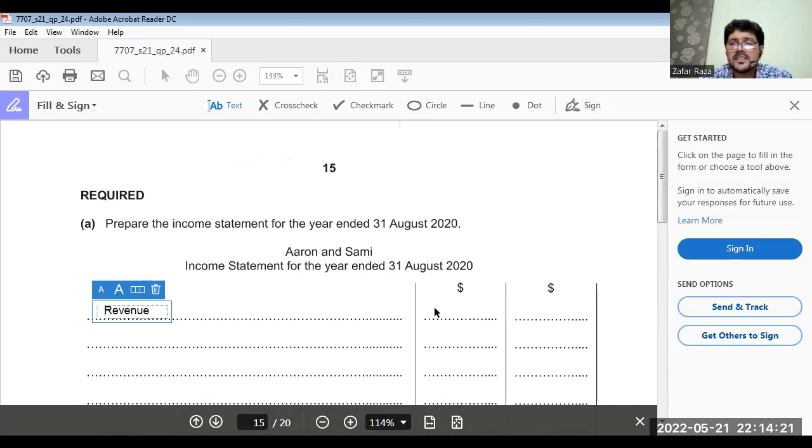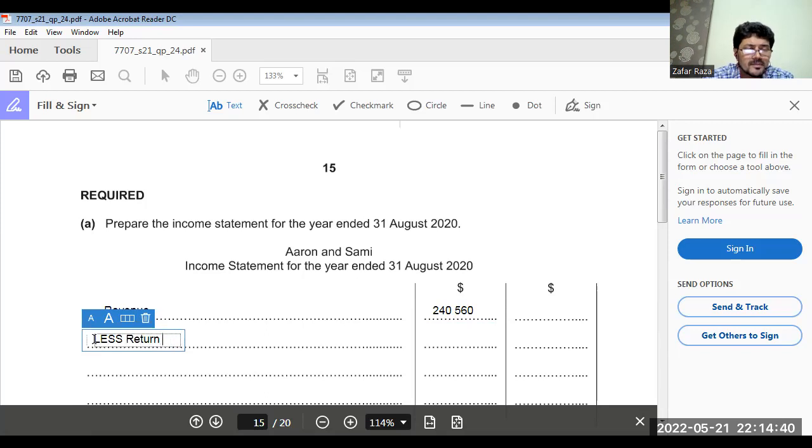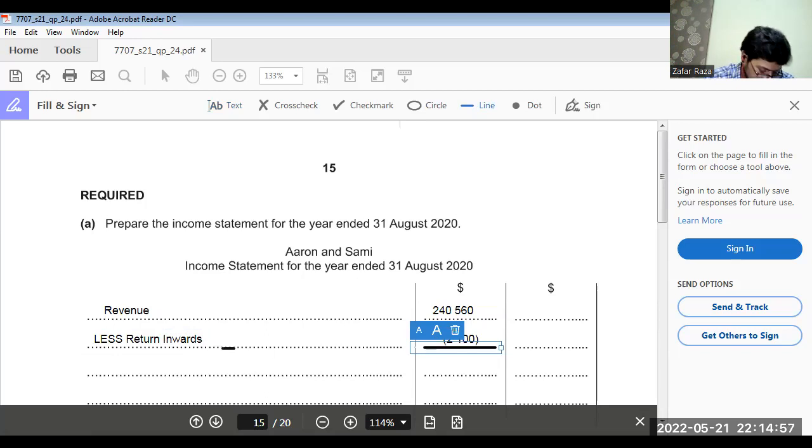So that is 240,560, less return inwards 2,100 in the bracket, and we'll get the net sales or net revenues here in the third column.